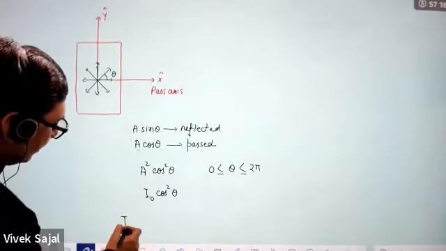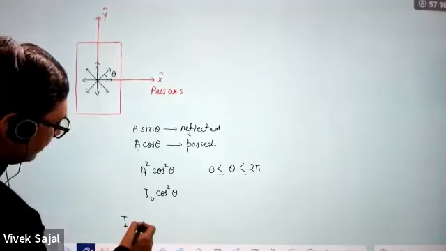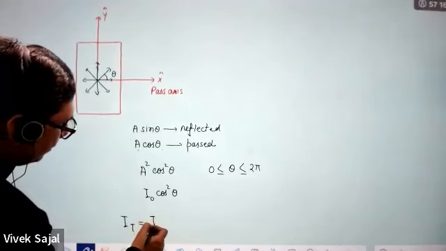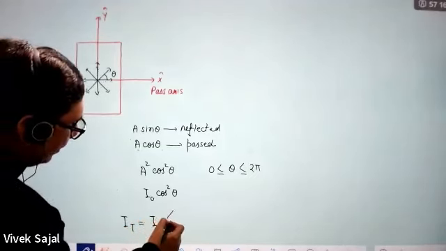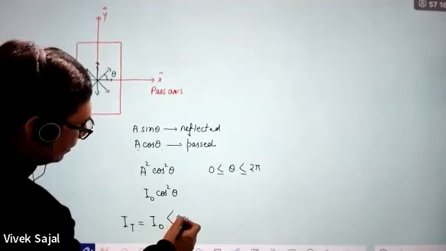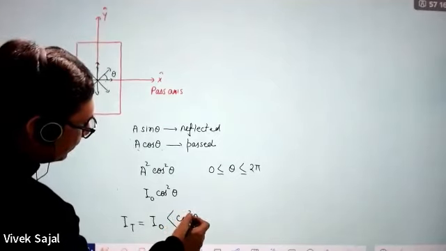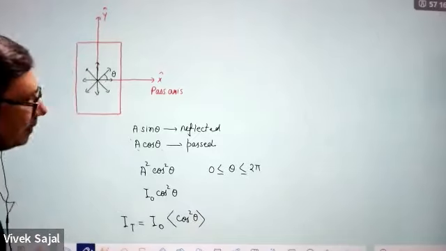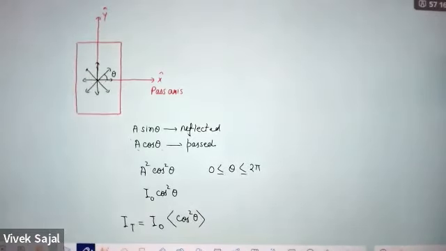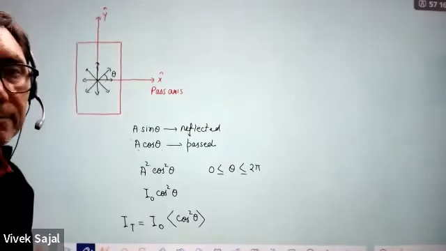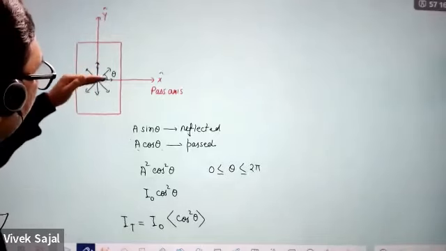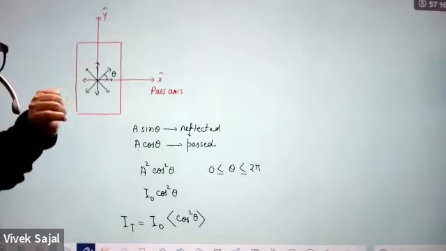Intensity of the transmitted light on the other side will be I naught times the average value of cos square theta. What you have to do is find this average value of cos square theta that is going to pass.